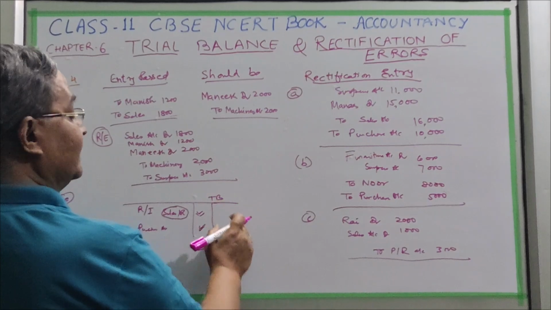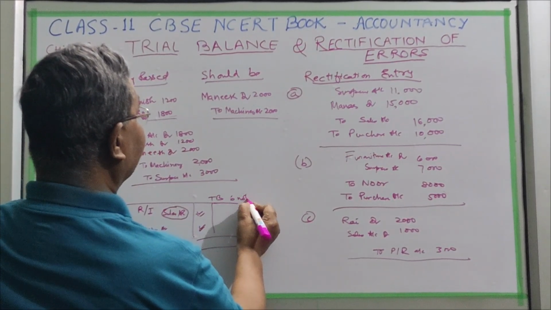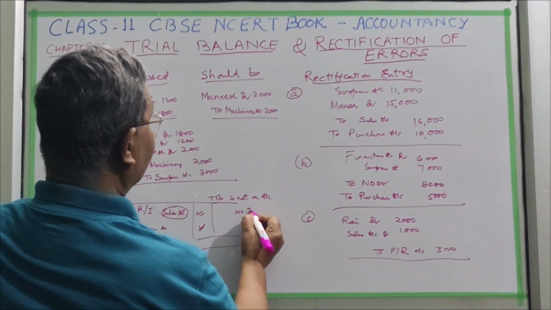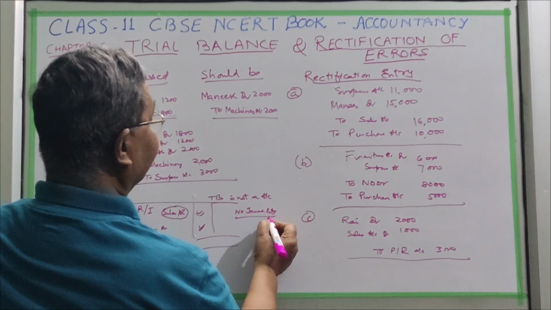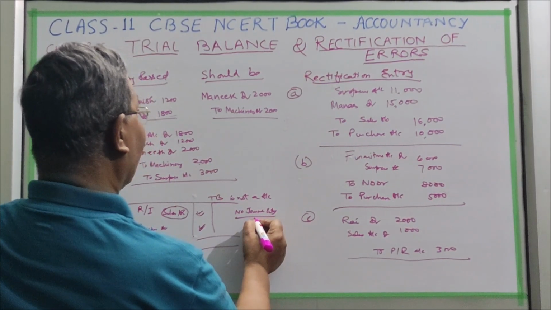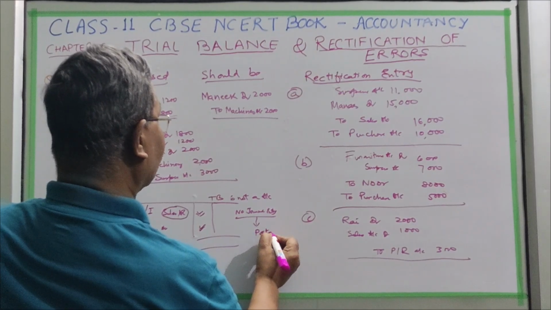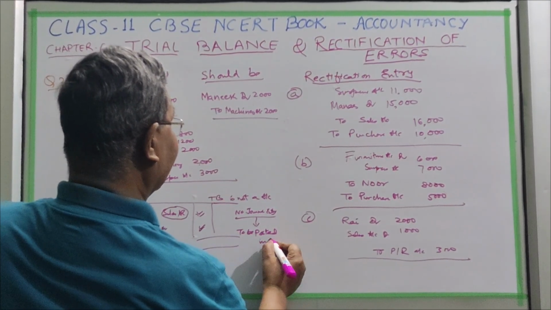As trial balance is not an account, no journal entry, because journal entry is made to be posted in ledger account.